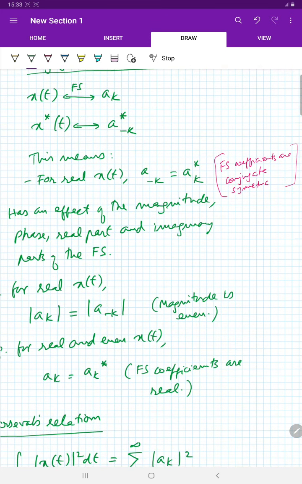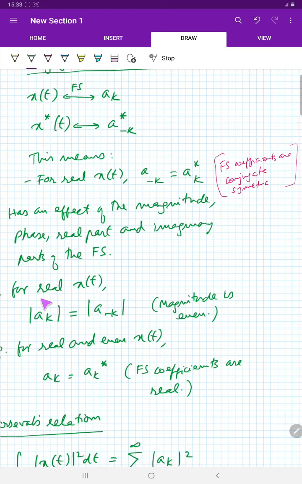For example, for a real signal x(t), you will find that the magnitudes are even. The Fourier series coefficients a_k are in general complex, but if you look at the magnitudes of the Fourier series of a real signal, they will be even. What is on the left side in the frequency domain is equal to what is on the right side in terms of magnitude.